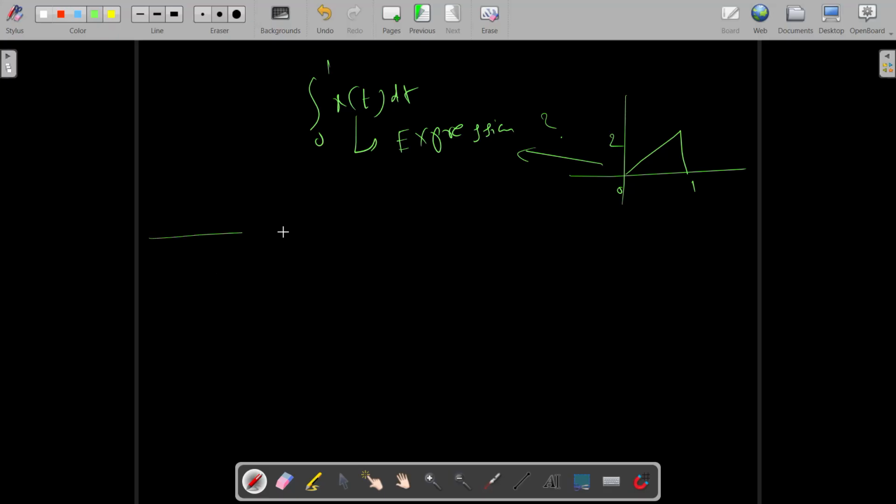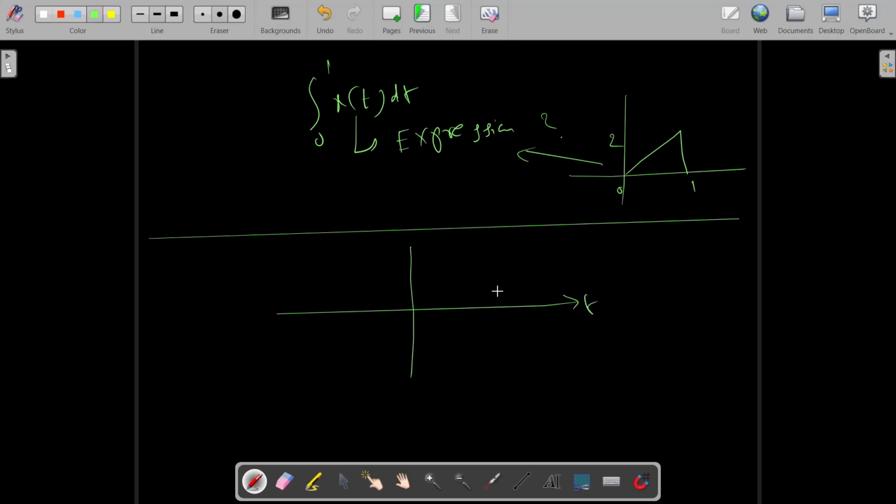Before we get this expression, let us see the basics. This is t. This is, let us call, y of t. Let us say I have the signal which goes like this. This is slope 1. From the basics of mathematics, we know that y of t is going to be t, so 1 into t.